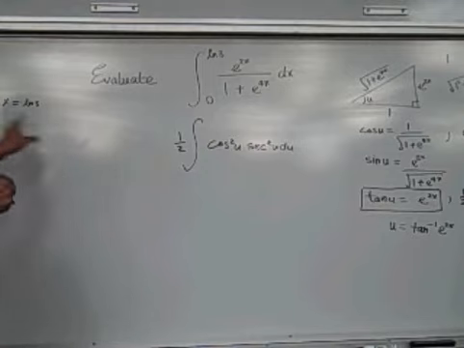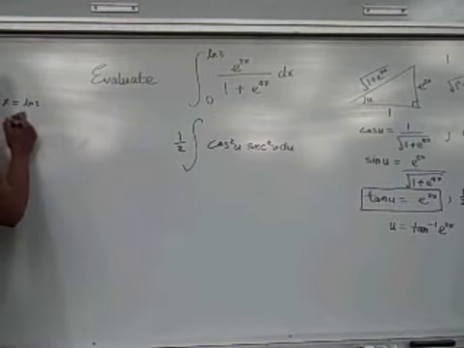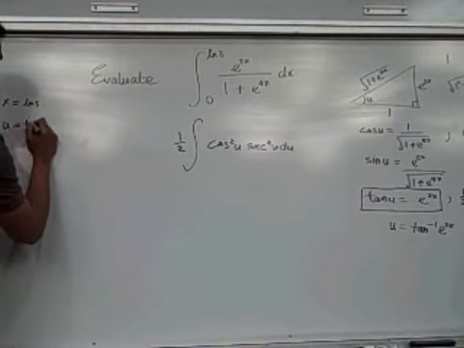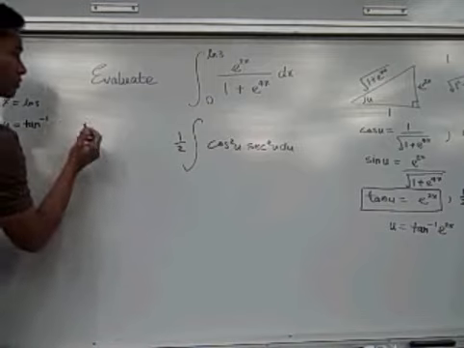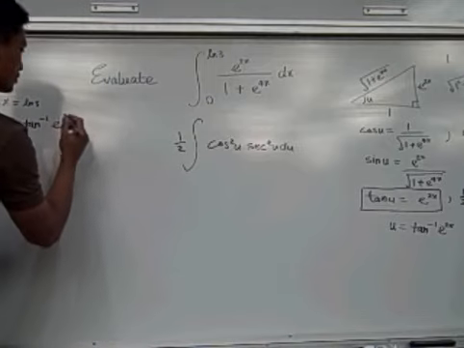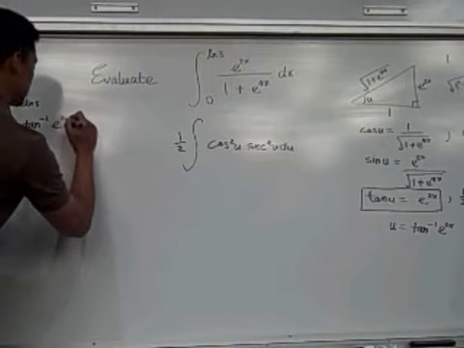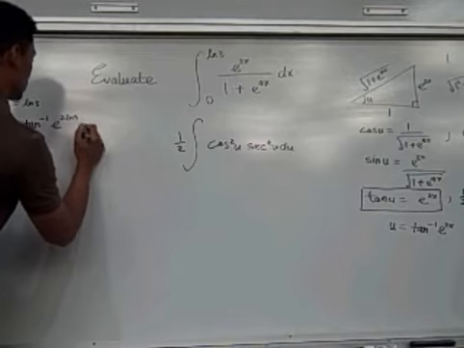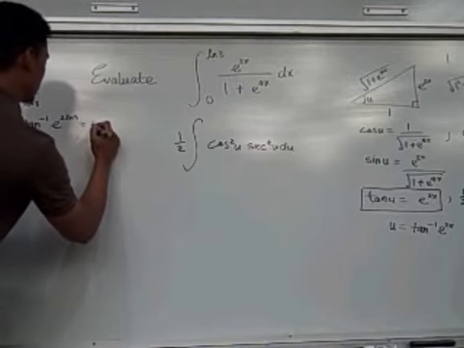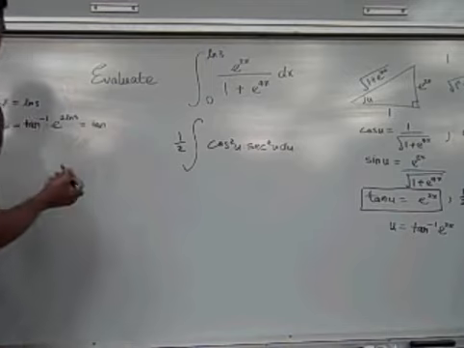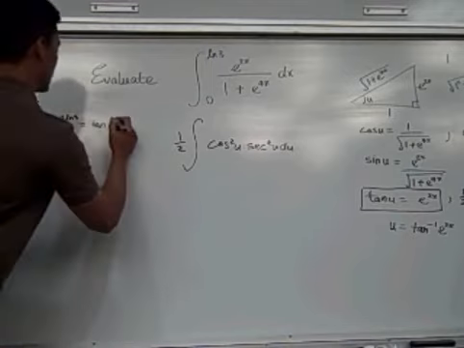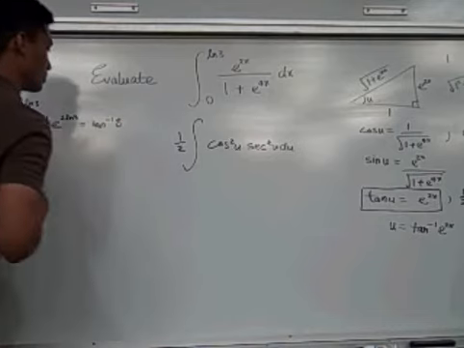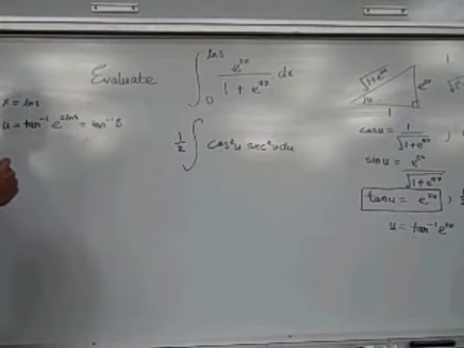So when x is ln of 3, u is going to be arctangent of e to the 2 ln 3. How do you get that?